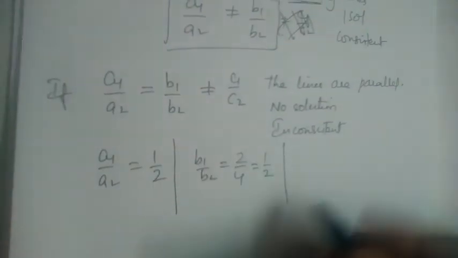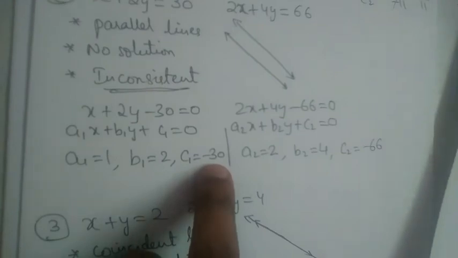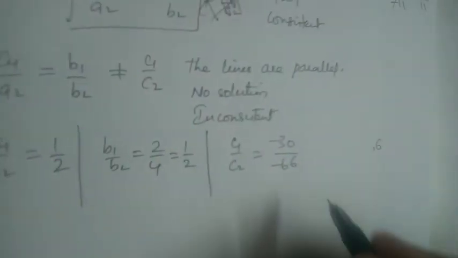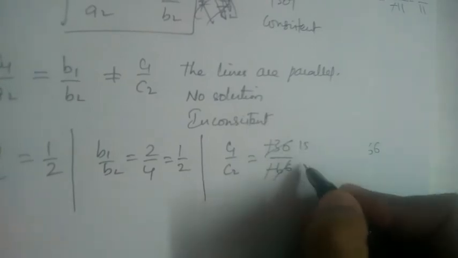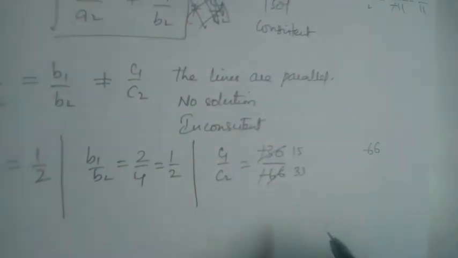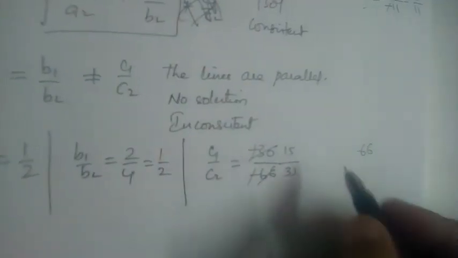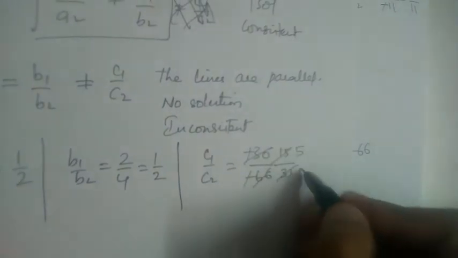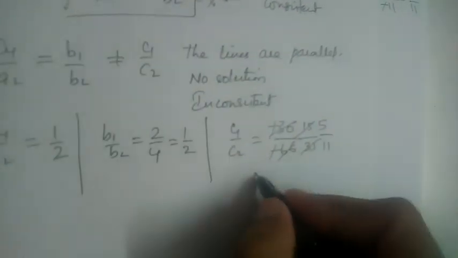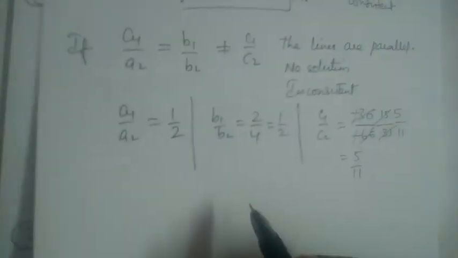Now let us find c1 by c2. What is c1? Minus 30. What is c2? Minus 66. So this is minus 30 divided by minus 66. Minus minus will get cancelled. So this is 15 by 33. 15 by 33 we can cancel further, right? 5 divided by 11 using 3 table. So this is equal to 5 by 11.